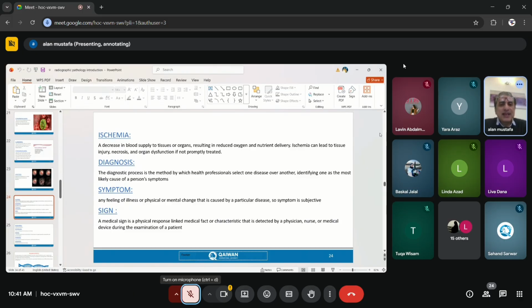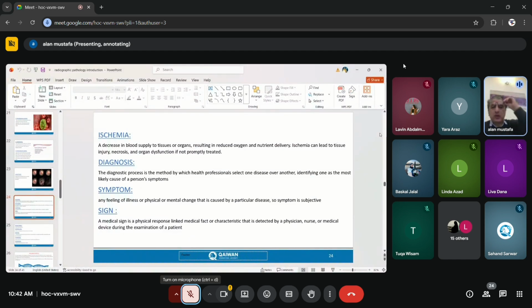Whenever we say ischemia, this is where there is not enough blood, not a normal amount of blood, going to an organ. For example, when we say the patient has ischemia in the heart, it means that the heart doesn't get enough blood.